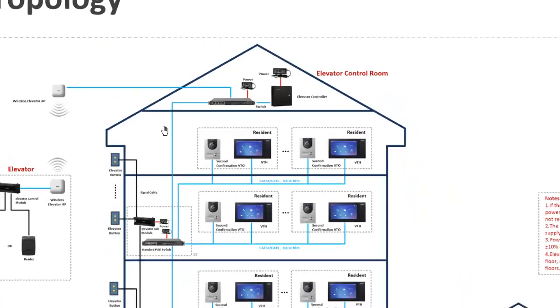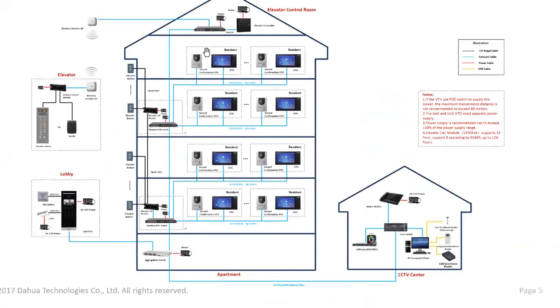Apart from that, we're also going to implement this one here. The case is that someone comes to this VTO, presses to call a particular room, then confirms on this other one. If they reach that floor, it means they're the ones coming to that particular floor.